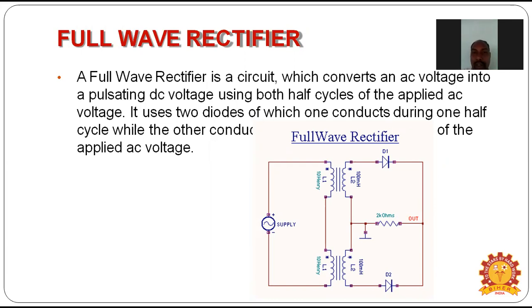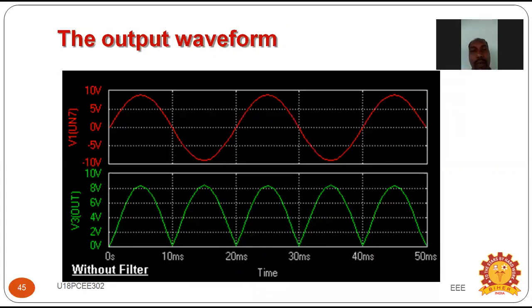Diode D1 and diode D2 are connected. Finally, we can get the output in this form. This is the output waveform without filter.